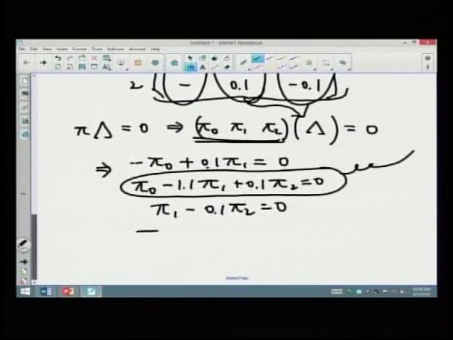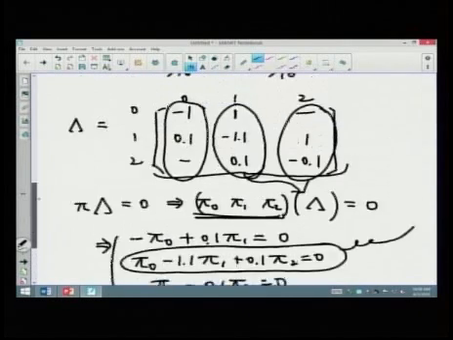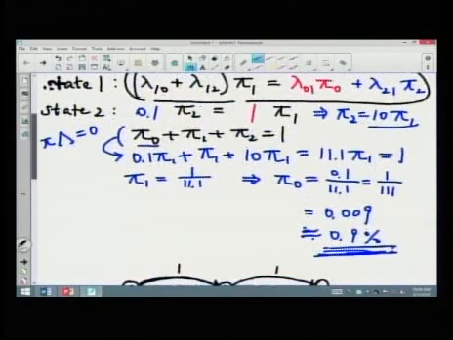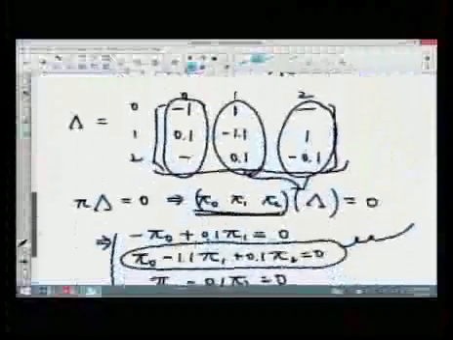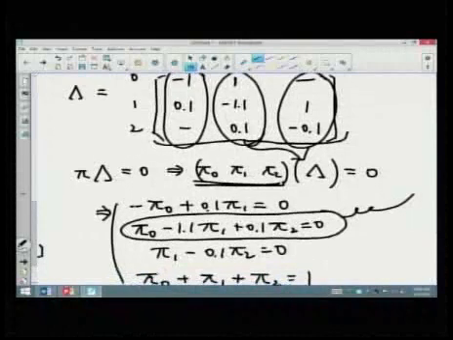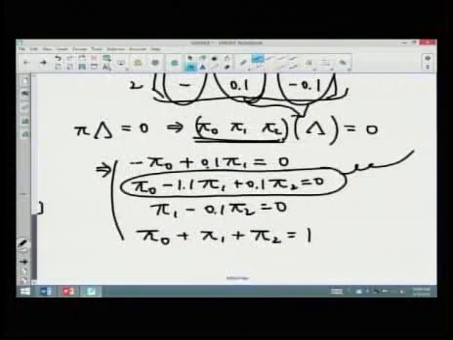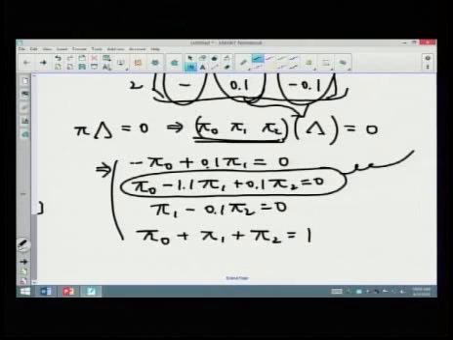And then also we're going to add the summation of pi's equal to 1, because we are dealing with a probability distribution. And it's very clearly seen that all of these equations are exactly the same as the ones we considered earlier from the balance equation. Okay, so this is the alternative way to determine the steady state probability distribution.